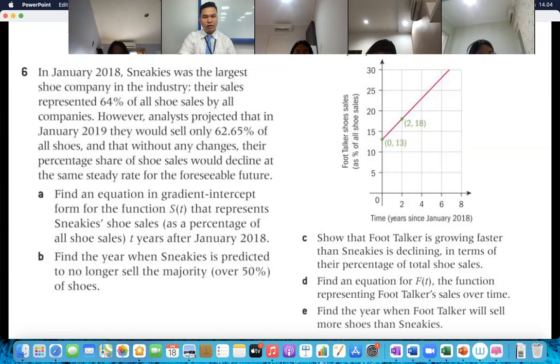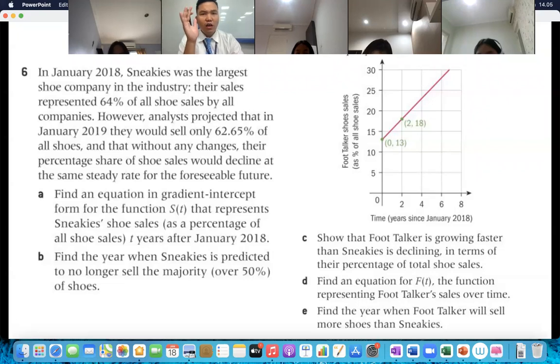A. Find an equation in gradient intercept form for the function S(t) that represents Sneakies' shoe sales as a percentage of all shoe sales t years after January 2018.